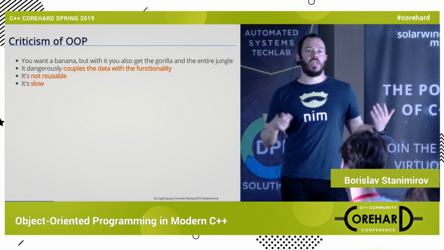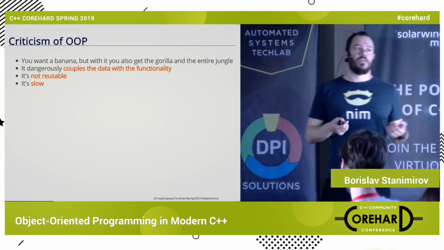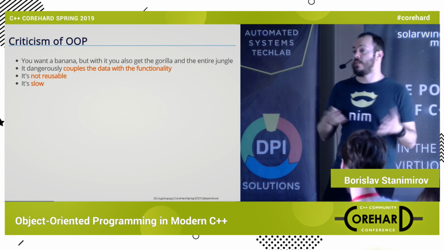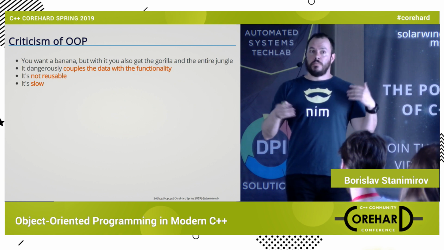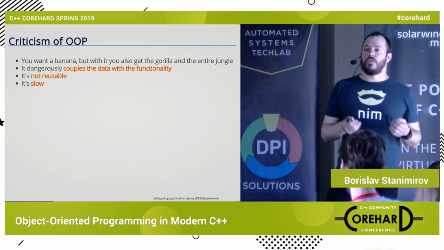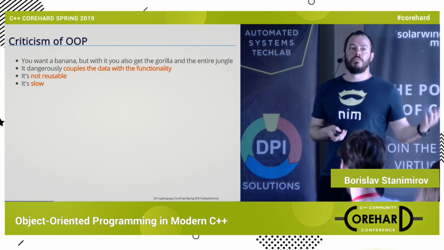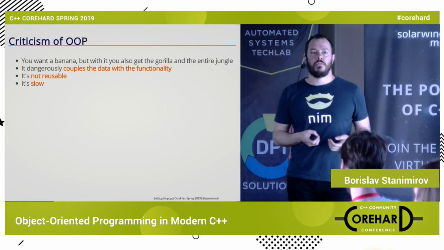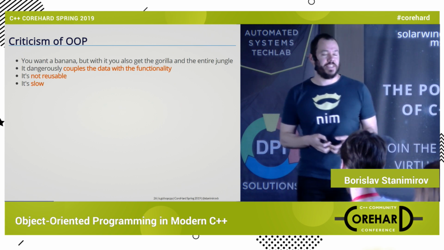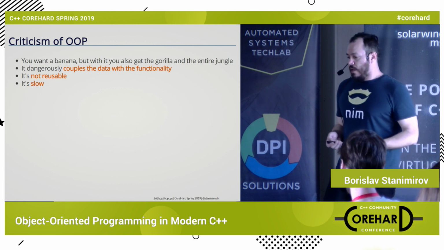Dynamic polymorphism doesn't know about the types. It can't know about the types, so it has to do some work as the program is running in order to execute the appropriate functions.